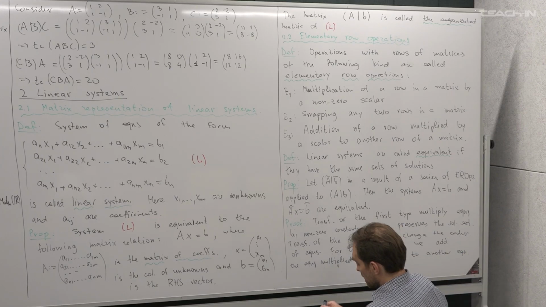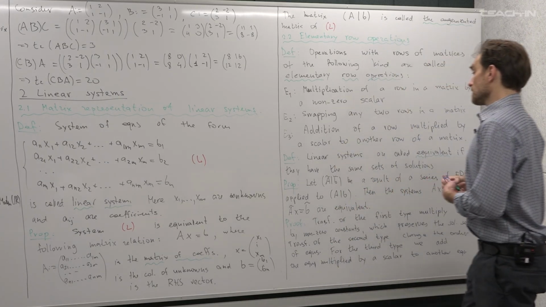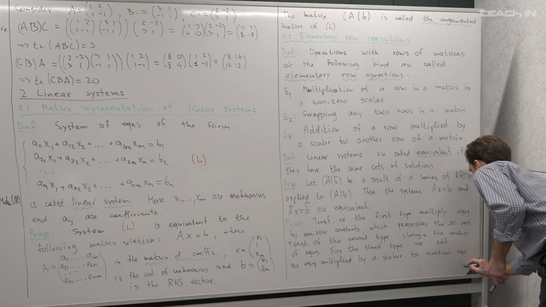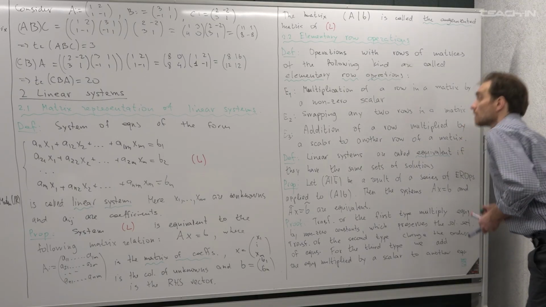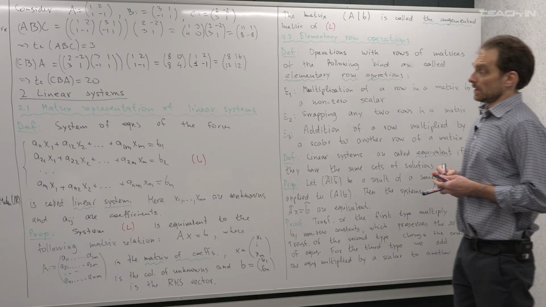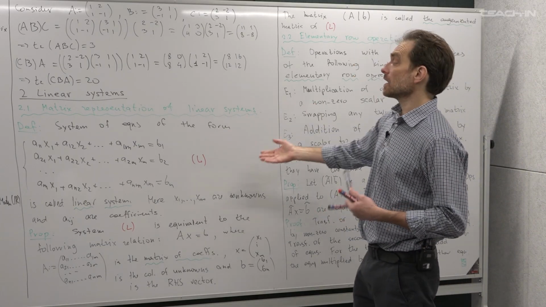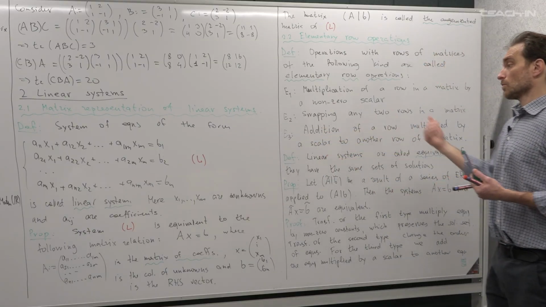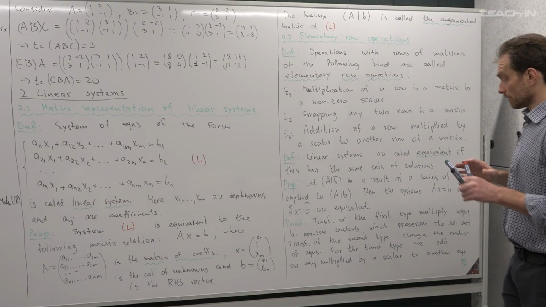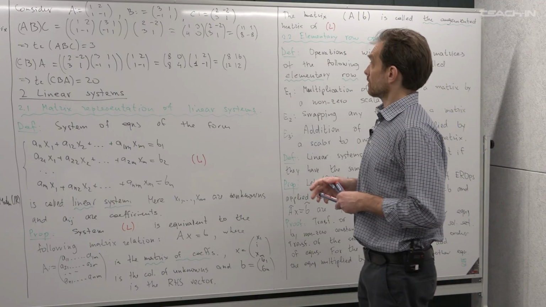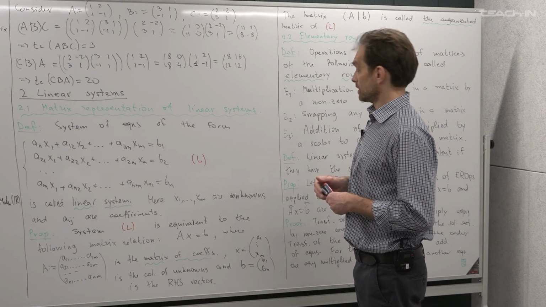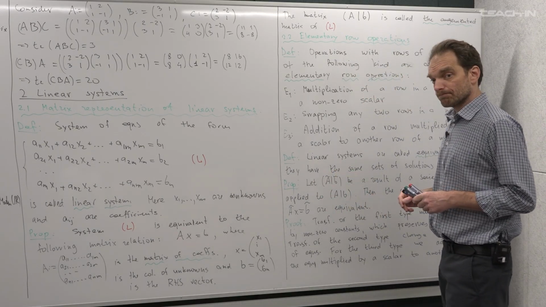So this also does not change the solution set. So all elementary row operations preserve the solution set, and that's why the initial linear system is equivalent to the linear system that we get after a series of elementary row operations. So this proves our proposition.